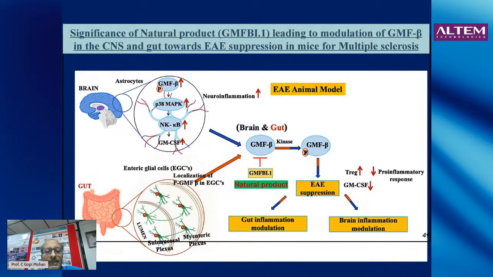So the brain and the gut-brain axis are both affected. That is the importance of this work, in which the gut-brain axis has been targeted, and we have been able to identify small natural product compounds, and now we are planning to do some clinical trials for these compounds.